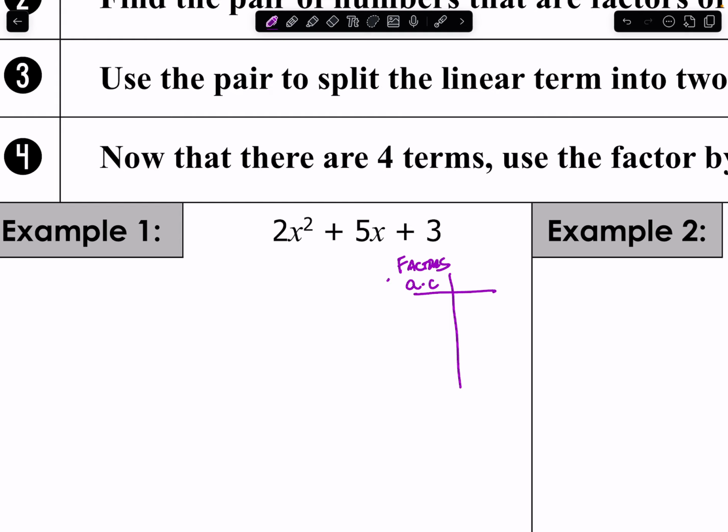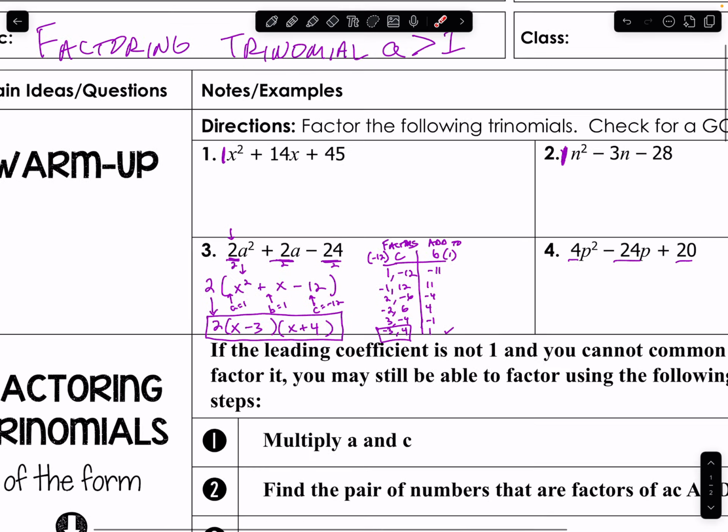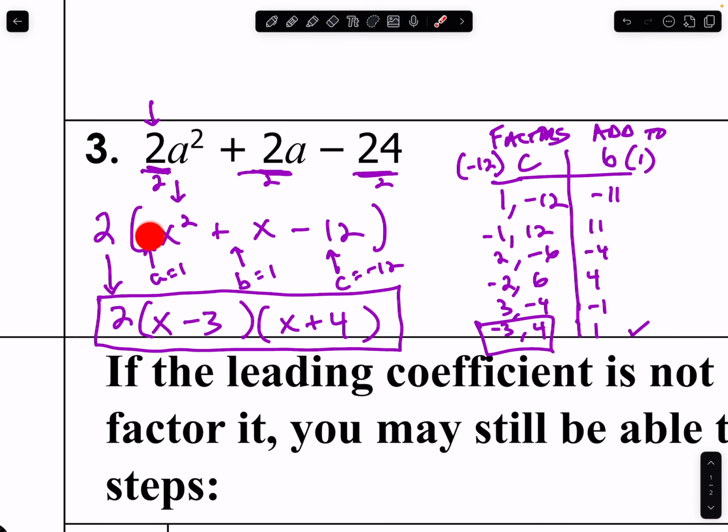So 2 times 3, so we're looking for factors of 6. Now, technically, you were doing that for these up here because if a is always 1, 1 times whatever c is will always just be c. So up here, you kind of were already doing a times c. It's just that the a is always 1.